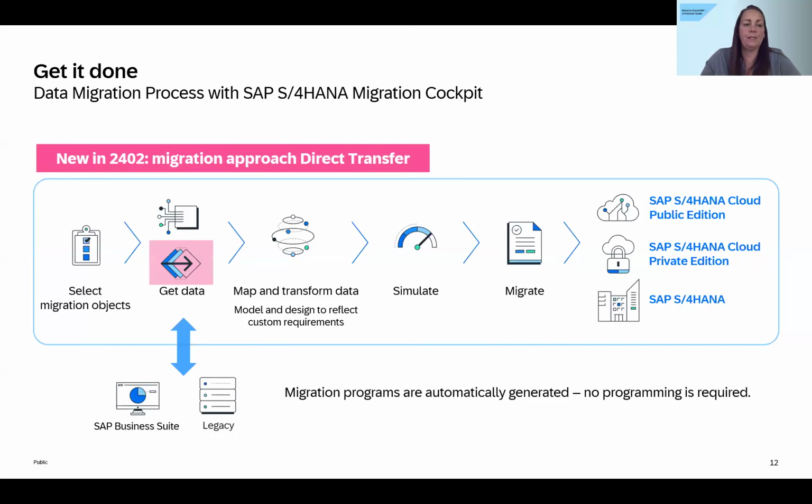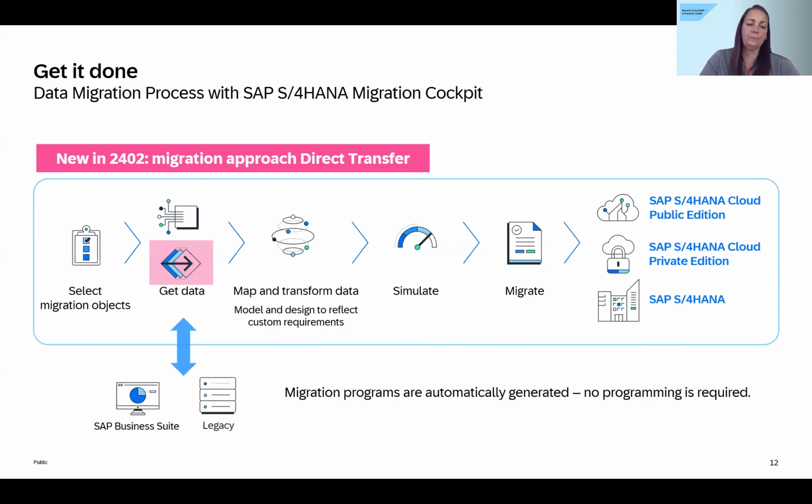With 2402, we have a second approach available, called direct transfer for short. Here we can connect via communication arrangement your old SAP ECC system to the SAP S/4HANA cloud system, and we can fetch the data automatically from your source system. This is done by the cockpit itself, while in the staging table approach you, as users, are responsible for data provisioning.